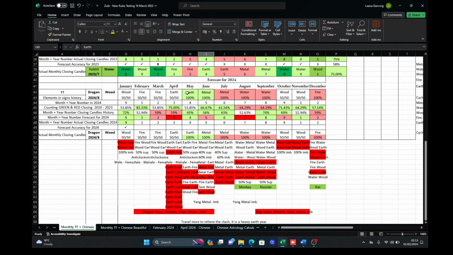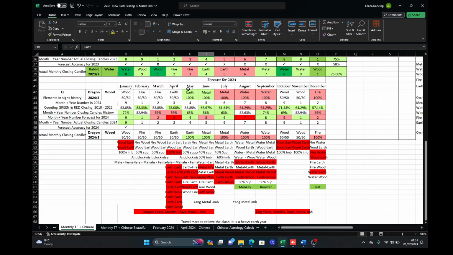Confluence number 1, it is an earth, but it is a female earth, so it's not going to be that bad. The effect of the female earth is not going to be that bad, and the reason for this is because the year is a male. This year the dragon is a yang sign, and in the Chinese system, when female and male interact, it is always more favorable, even if the elements hate each other.